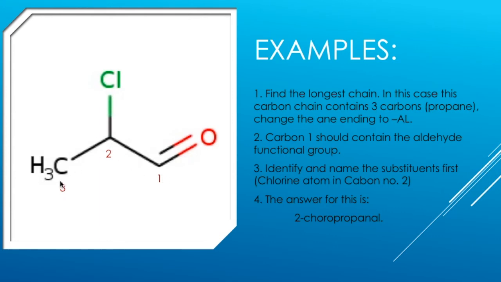We have 1, 2, 3 carbons in the chain, and one substituent, which is a chlorine atom. So we will call it 2-chloropropanal. We have a propane over here, so we have to change the -e ending with -al. So it's going to be 2-chloropropanal.